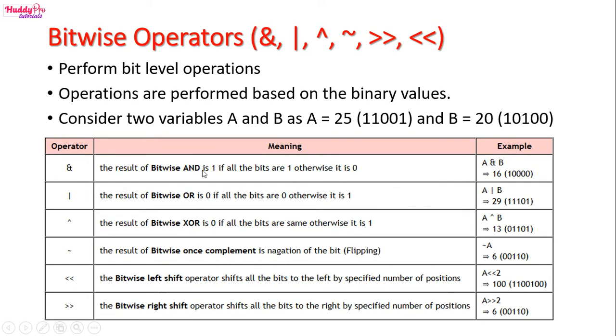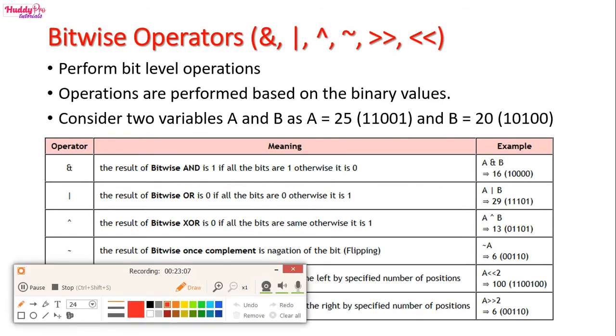Now when we are using a bitwise AND, how is the expression done? The result of the bitwise AND is 1 if all the bits are 1, otherwise it is a 0. So we only get a 1 if the bits that we are joining using the AND are both 1s. Otherwise we have a 0.